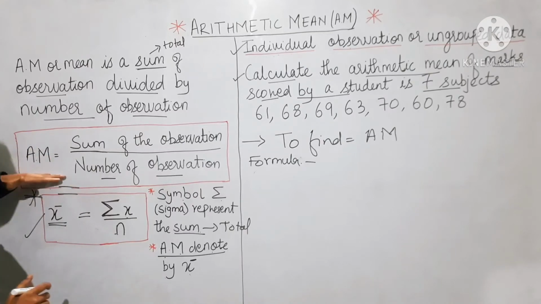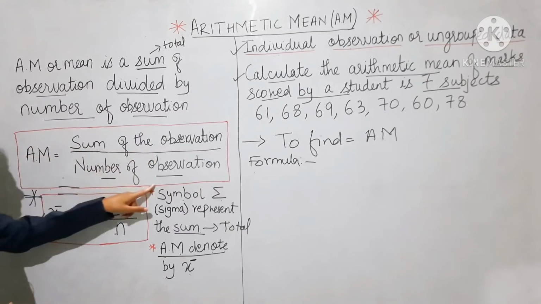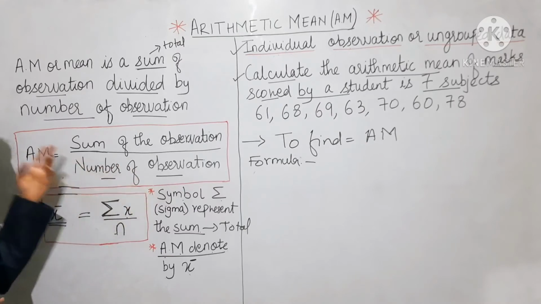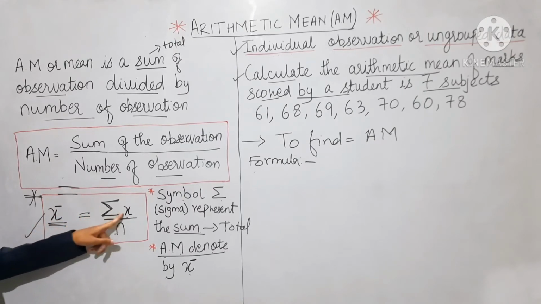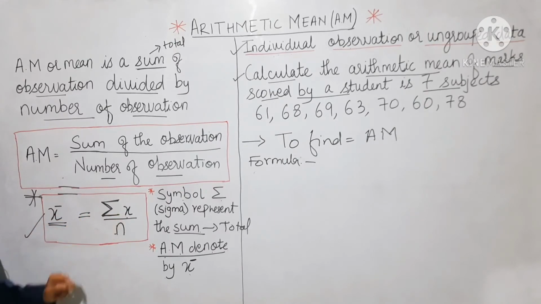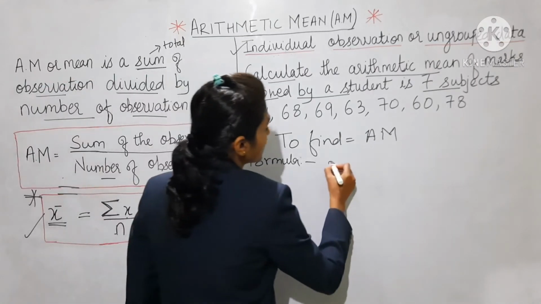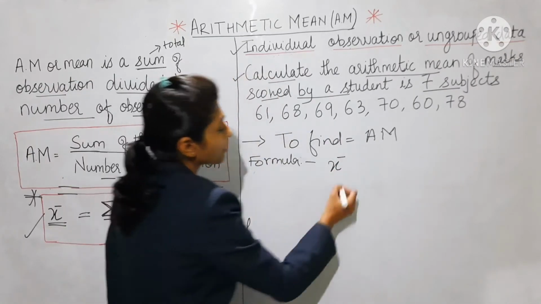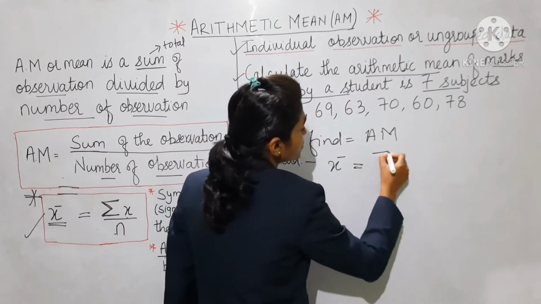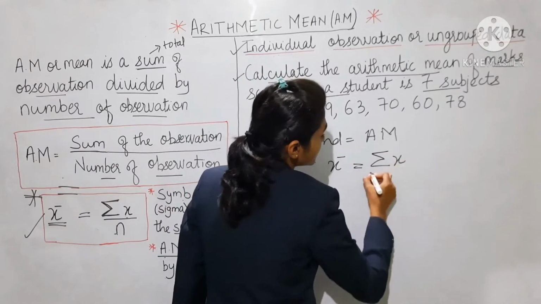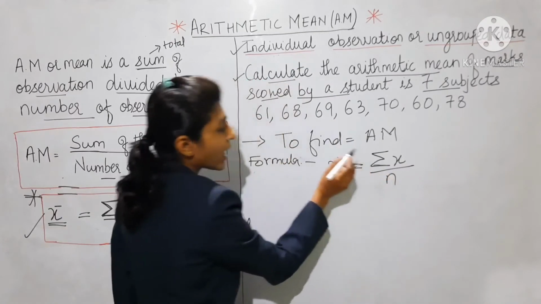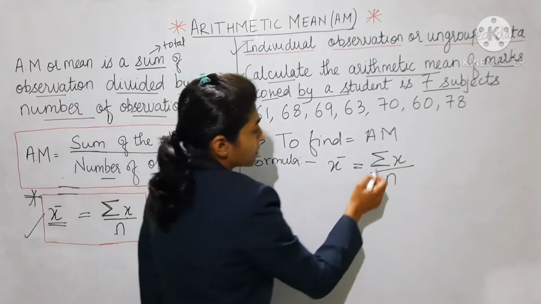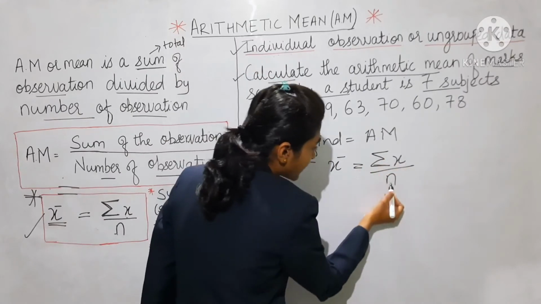The only difference is that one formula is in words, sum of observation divided by number of observation, and this formula is in symbols: x bar is equal to sigma x divided by n. Sigma means the sum, the total of x, divided by n.